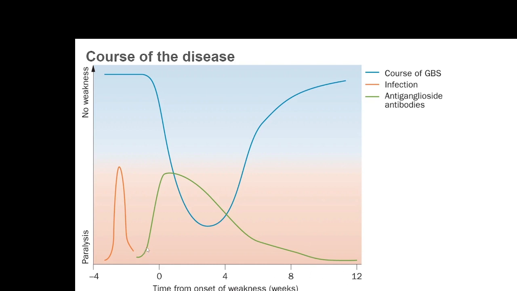During this period, if you study the anti-ganglioside antibodies, which are the antibodies specific for the neurological pathology, the antibody level may reach its peak at the time of onset of the neurological pathology, but gradually it gets reduced.